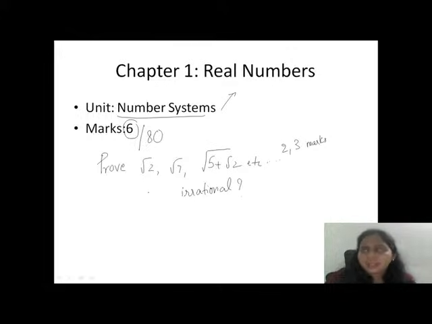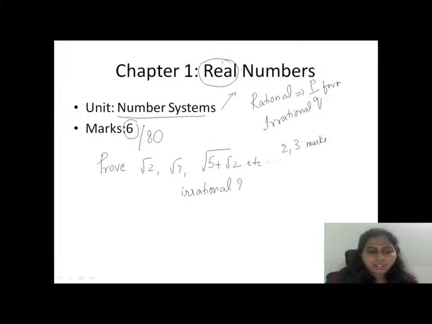And coming to the 1 mark questions of real numbers, you all know real numbers means we have both rational and also irrational. So you need to know first what is rational.